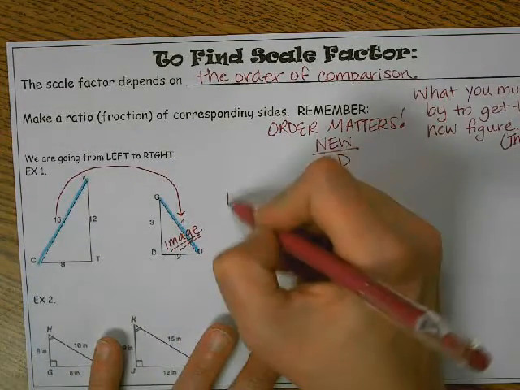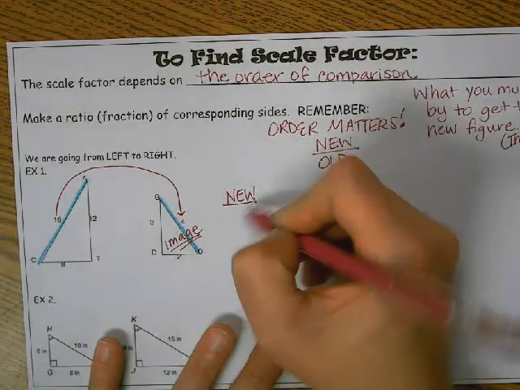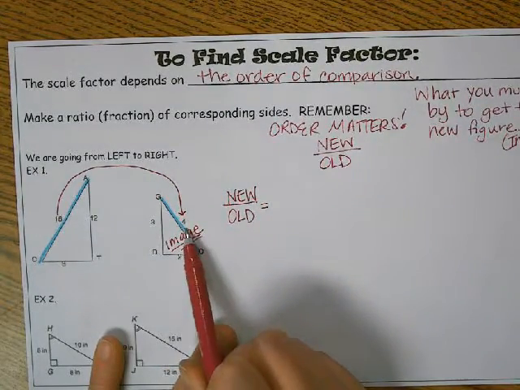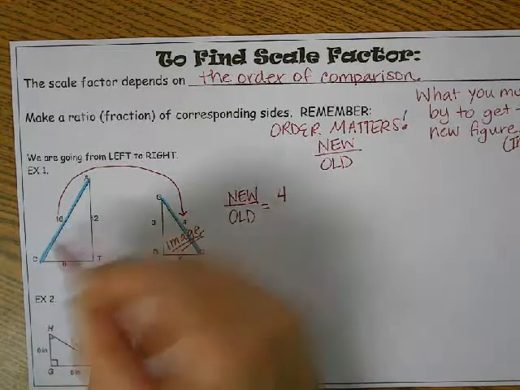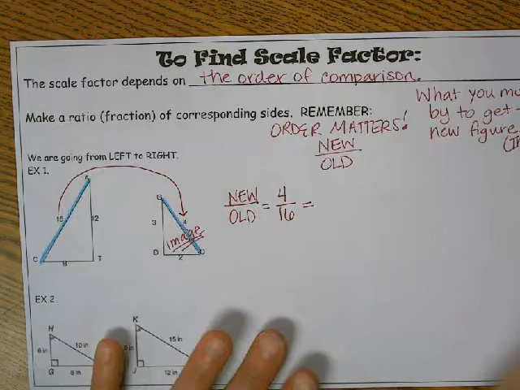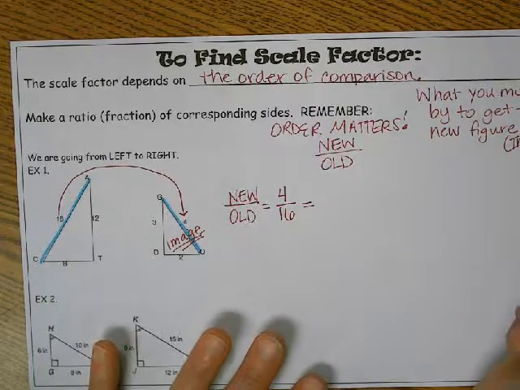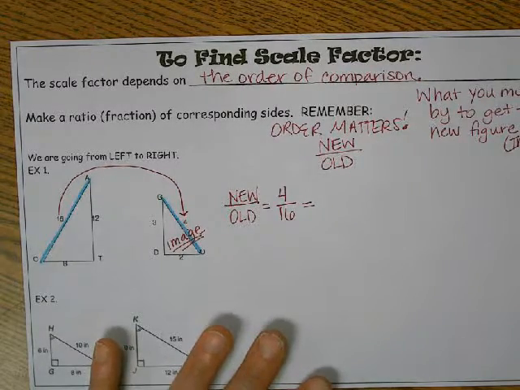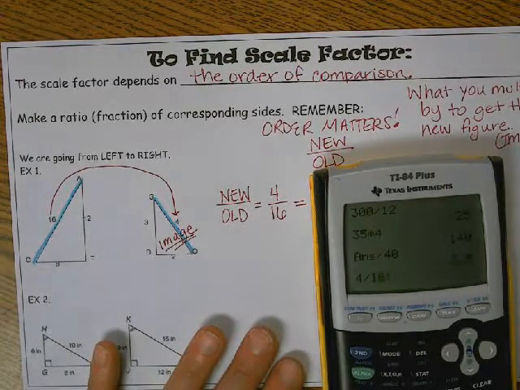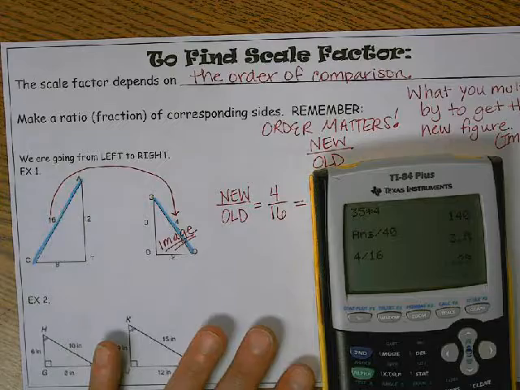So in example 1, what's the new length? The new length is 4, and the old length is 16. So we do 4 over 16, and then we go to our calculator and type in 4 divided by 16 and push enter.